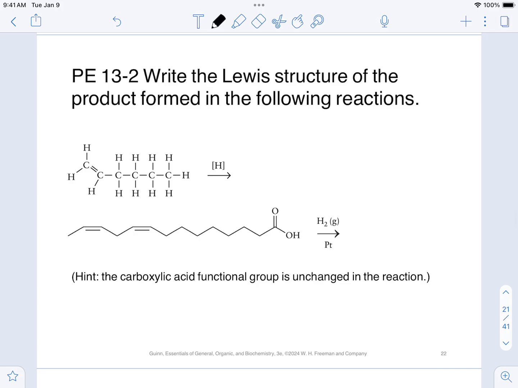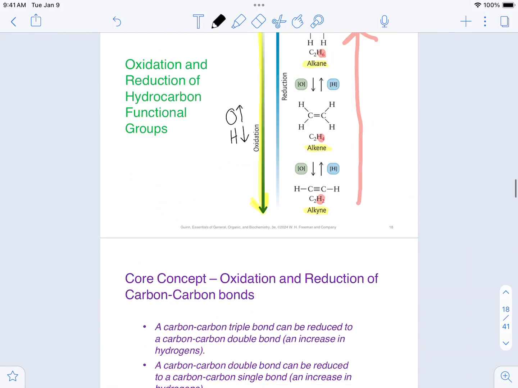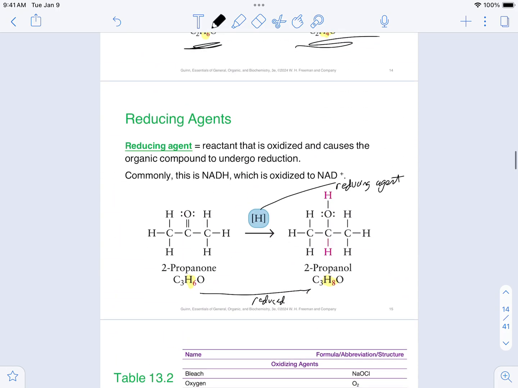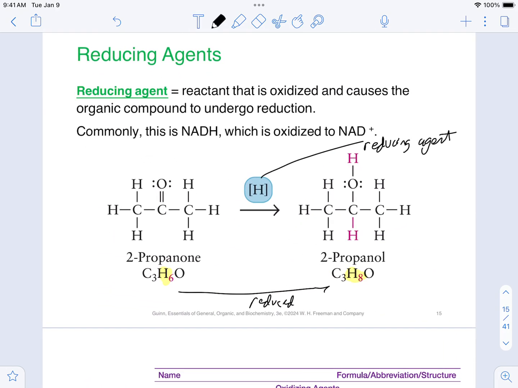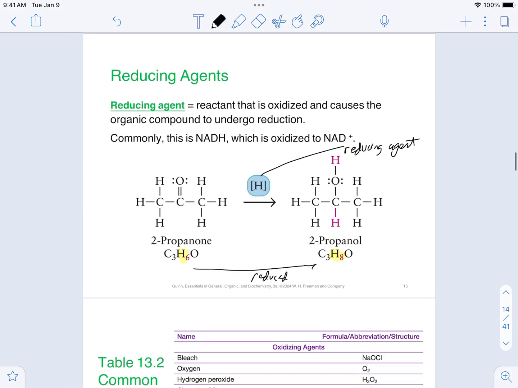Here it says, write the Lewis structure of the product formed in the following reactions. So look at what we're starting with here. We're starting with this compound, and we have an H up there. If you remember, if there's an H on the arrow, that is a reducing agent. So whatever that is getting oxidized, which means your organic compound is getting reduced.